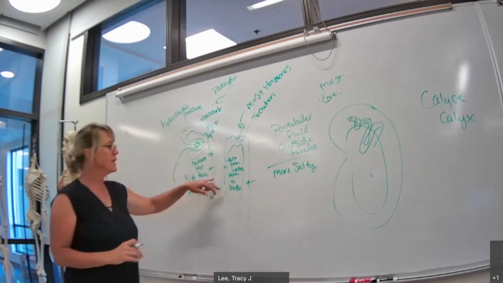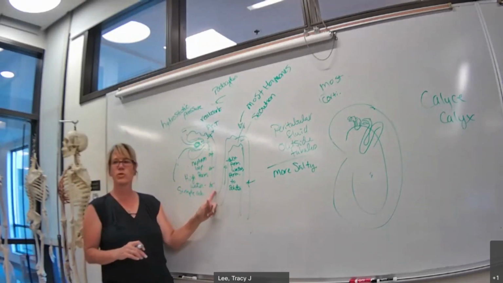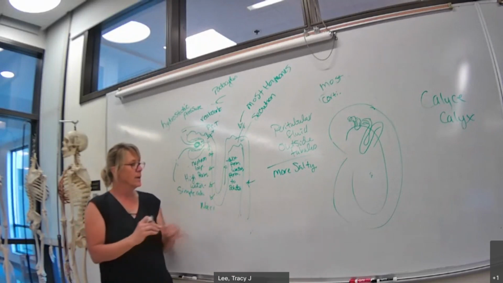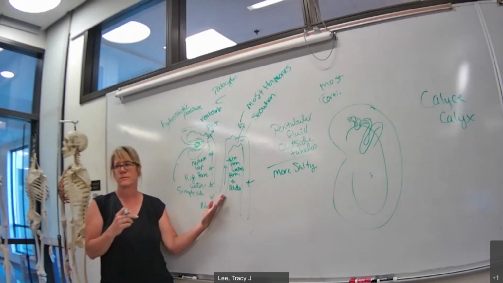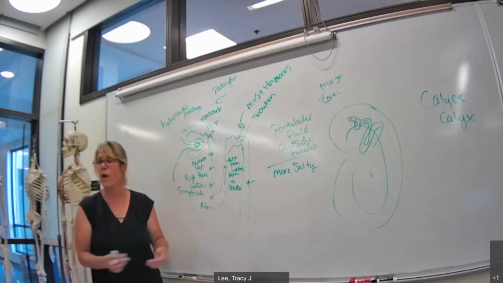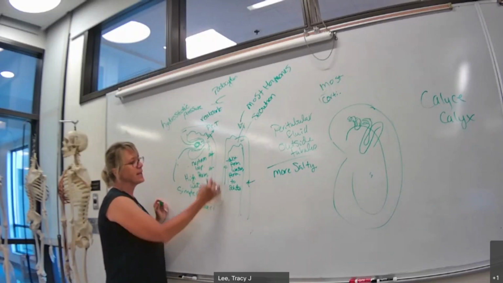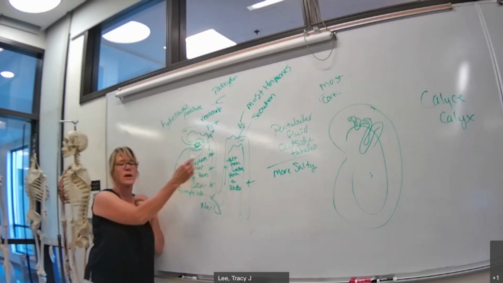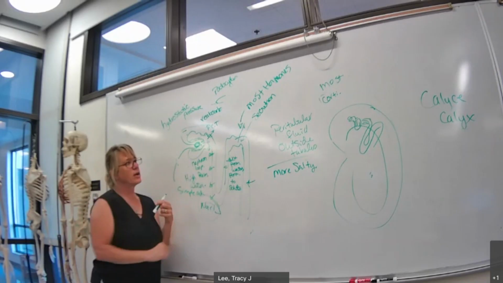If I go back and talk about water coming out as I'm dipping towards the medulla, if I have more salt out here, where does water go? To salt, right? Water follows salt. So as it gets salty, water is going to leave my nephron tubules. This salty medulla is pulling the water back out of my filtrate.